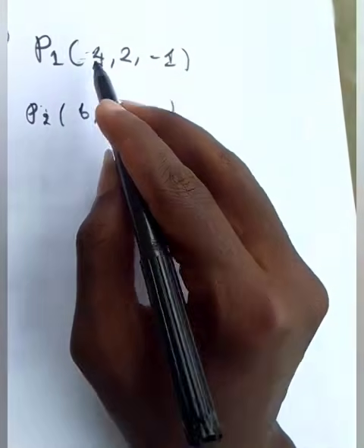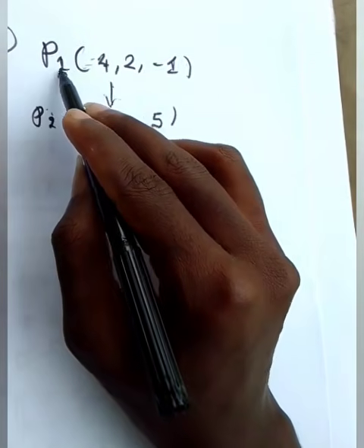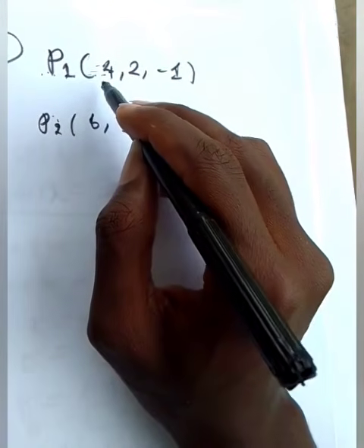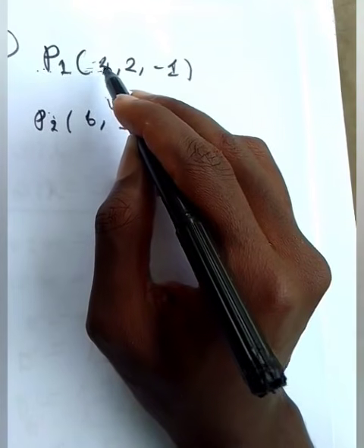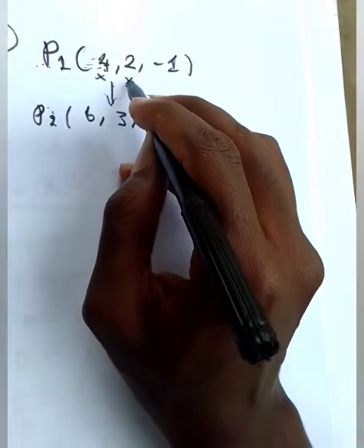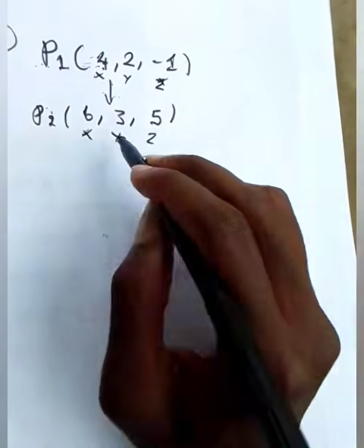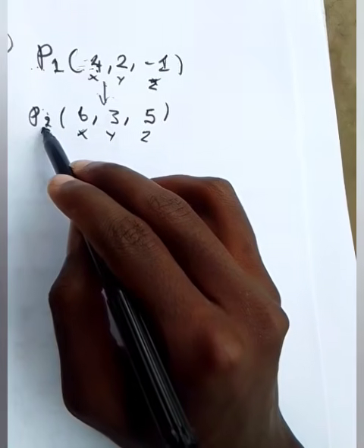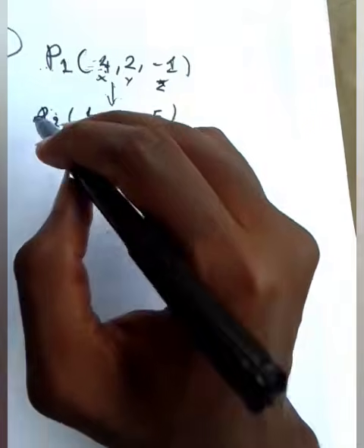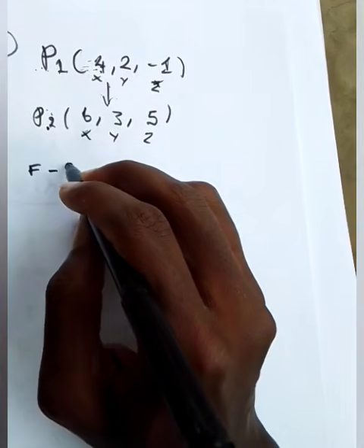So we are going to find the difference of the components of the 2 points, subtracting the two corresponding components. This is x, y, z, and this is x, y, z. Now this is the final point, right? And if you remember, whenever you are finding the difference of 2 points, you subtract the initial one from the final one, right?